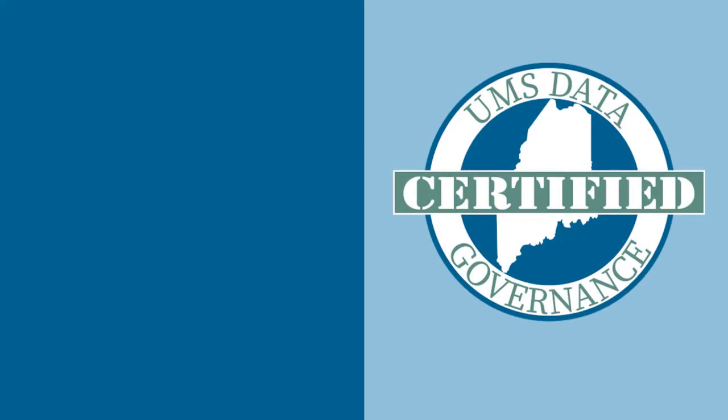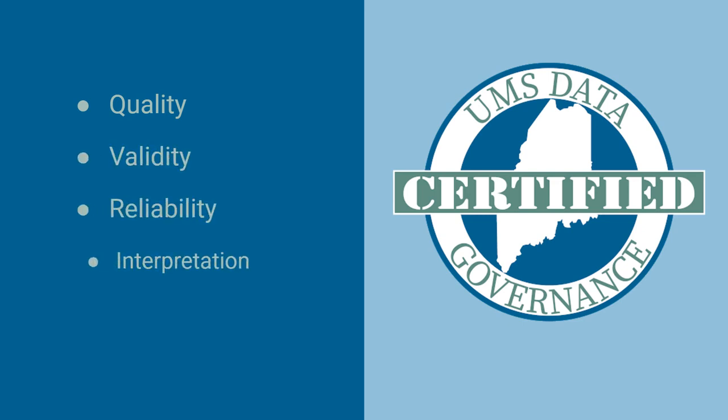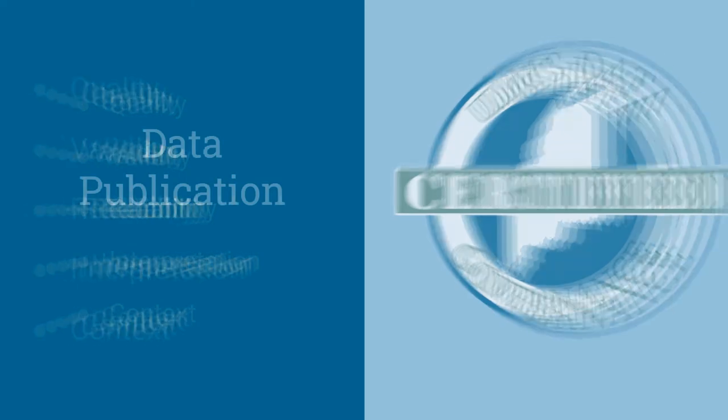During the academic year 2020-21, we are introducing a method for certifying UMS datasets and reports. This sets a UMS standard for data quality, data validity and reliability, data interpretation, and contextual understanding for reports that is co-created by data experts and functional area subject matter experts.